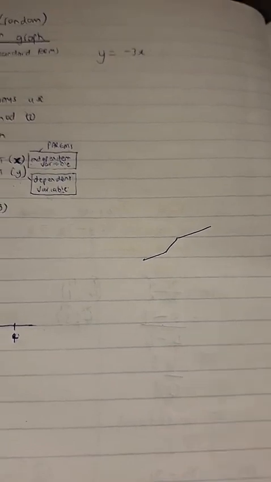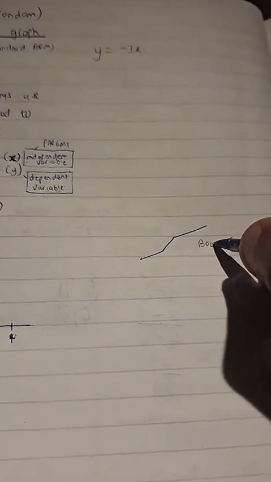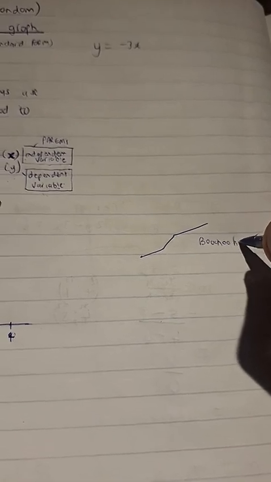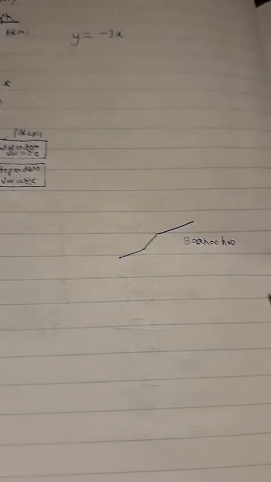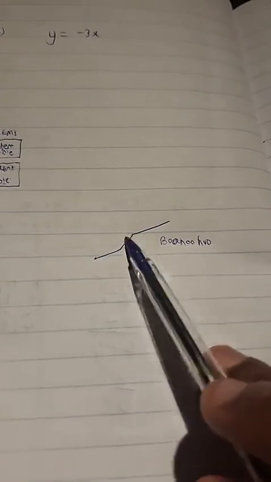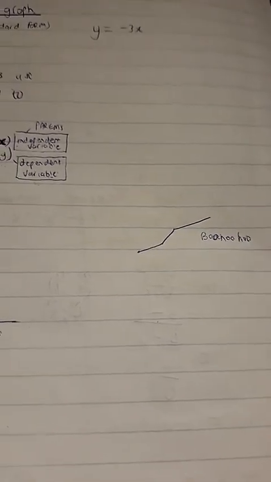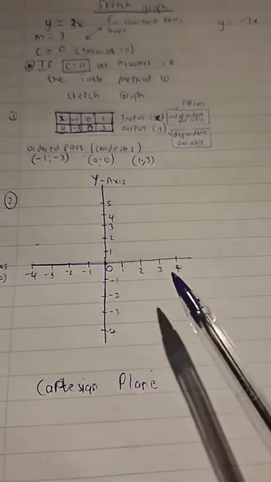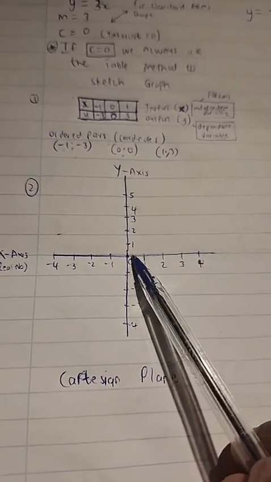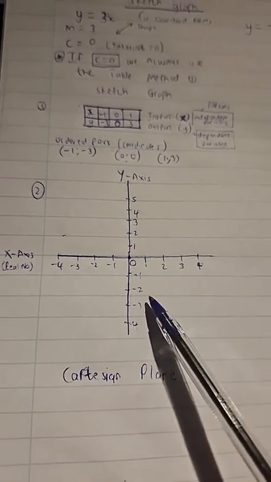If it is not straight, then boo hoo hoo to you. Does that make sense? So I hope we get the point.